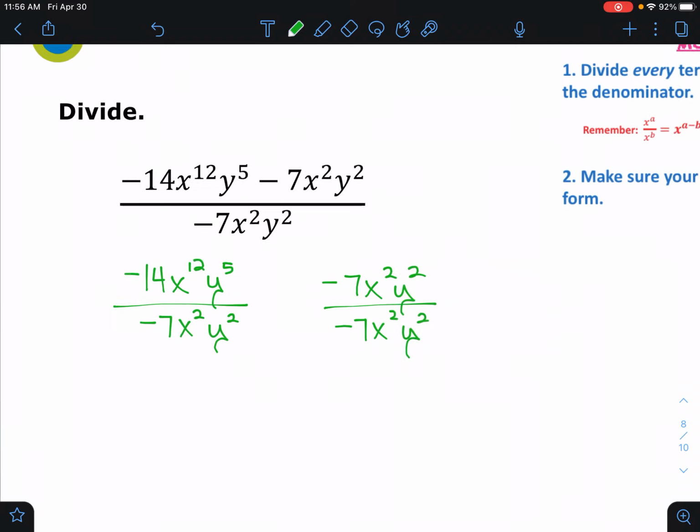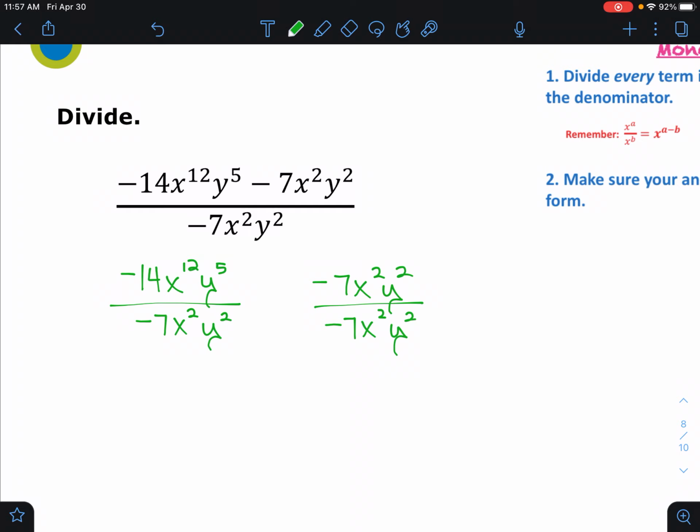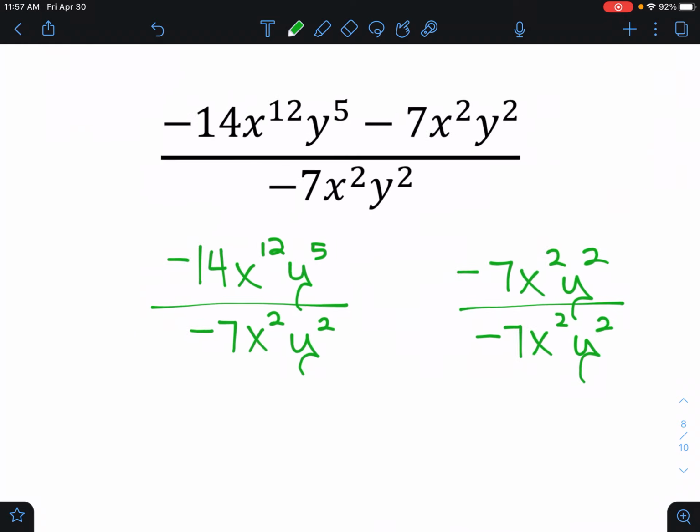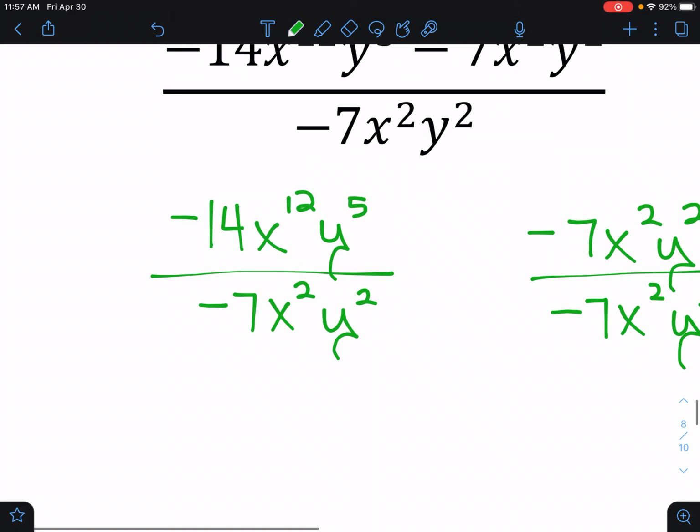Now let's look at that first group. Negative 14 divided by negative 7 is positive 2. Now these both have the same base, so I can subtract their exponents. So this would give me x to the 10th, 12 minus 2. And these have the same base, so I can subtract their exponents. So this would give me y to the 3rd.